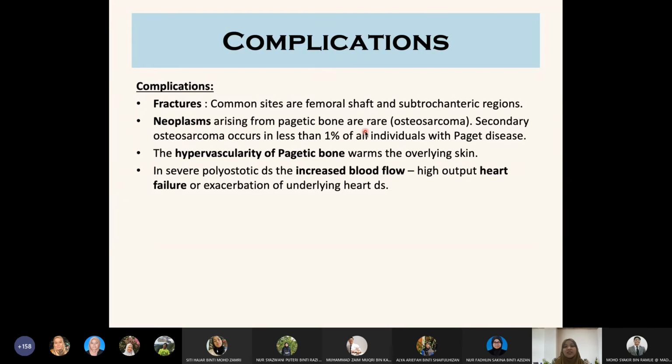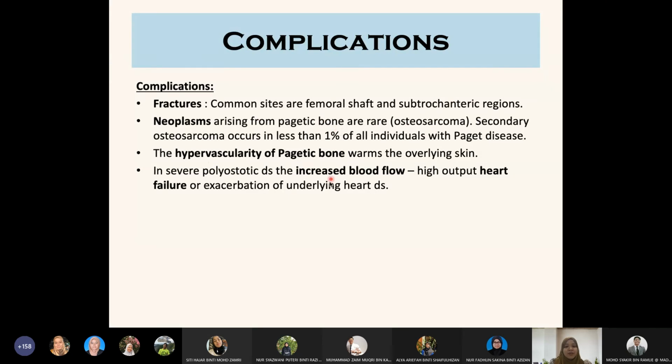It occurs only in 1% of individuals with Paget, and it is called osteosarcoma. So even though it is rare, they still have the risk because osteosarcoma can arise from the pagetic bone.